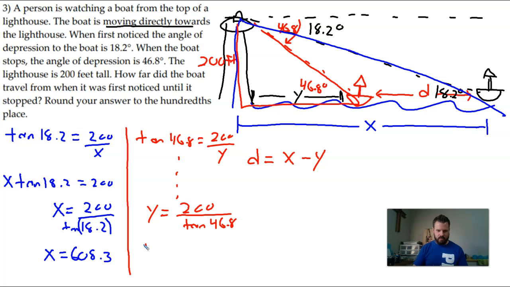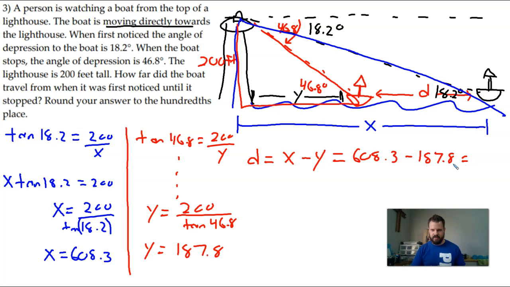When I do that, I end up with Y is equal to 187.8. So my distance then is the 608.3 minus the 187.8, and we end up with 420.5. Is that the answer? Yes it is.